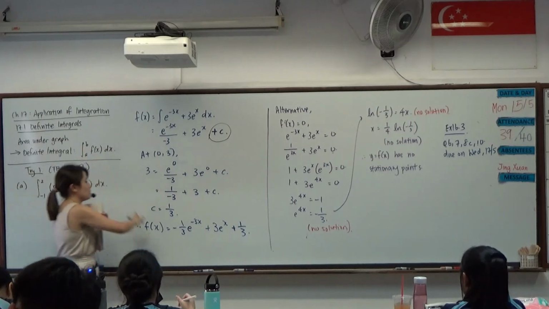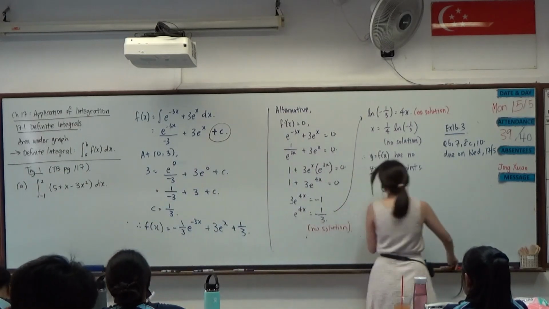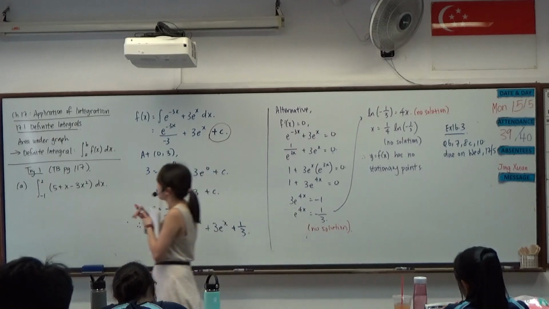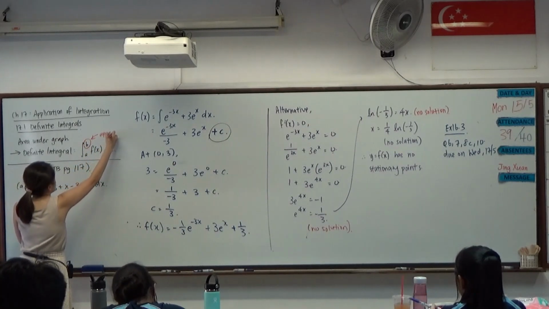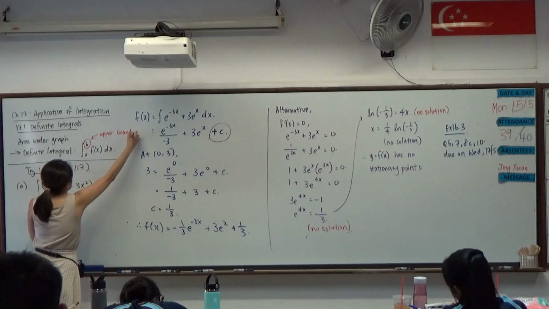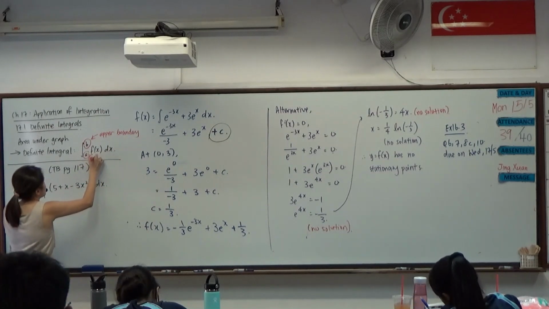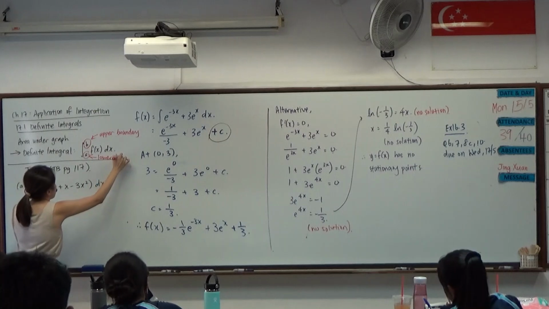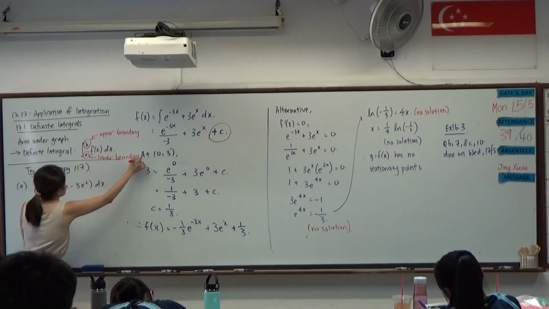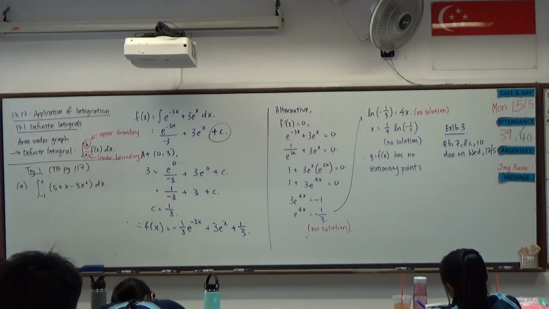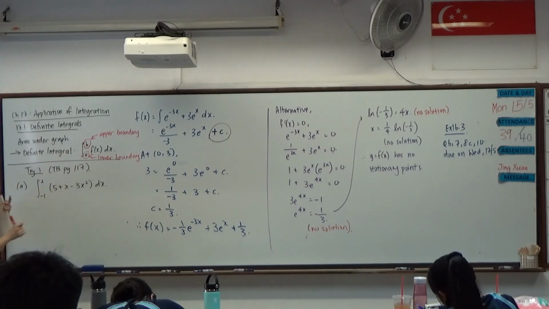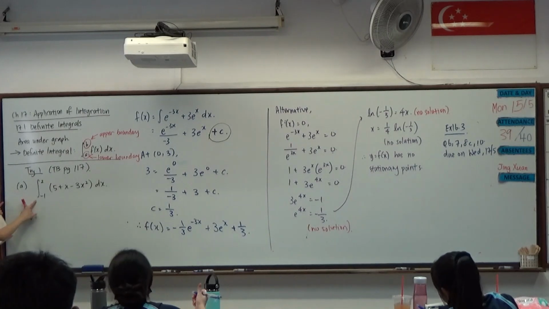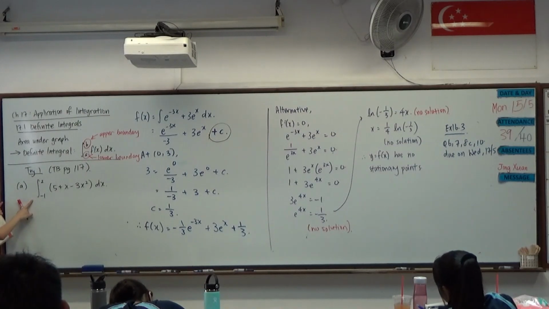Your a and b over here are numbers that may be given or numbers that you may need to find. Typically your value of a is smaller than your value of b, so it is usually arranged in increasing order.